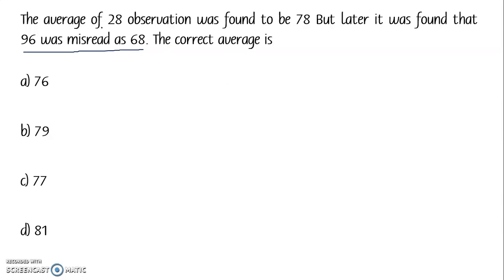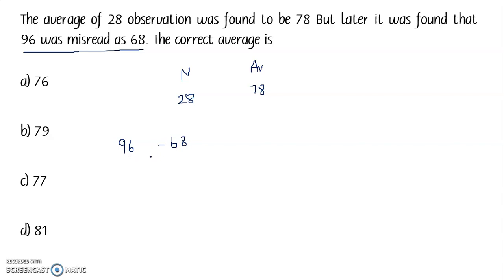See, these are 28 observations, so n is equal to 28, and the average is given as 78. Now what happened is 96 was misread as 68. Instead of 96, they entered 68.